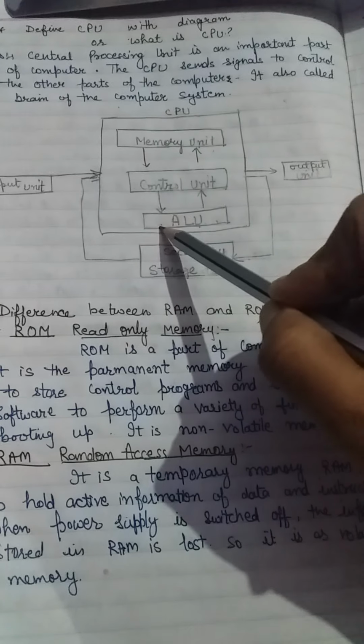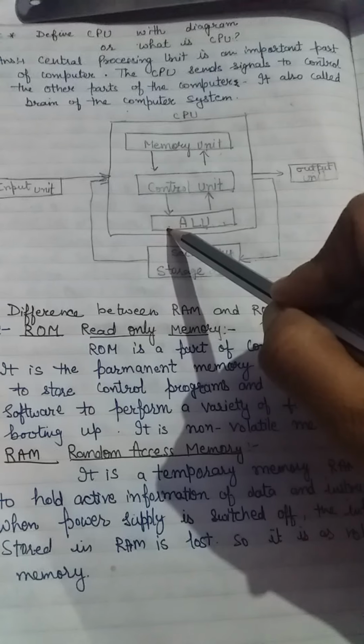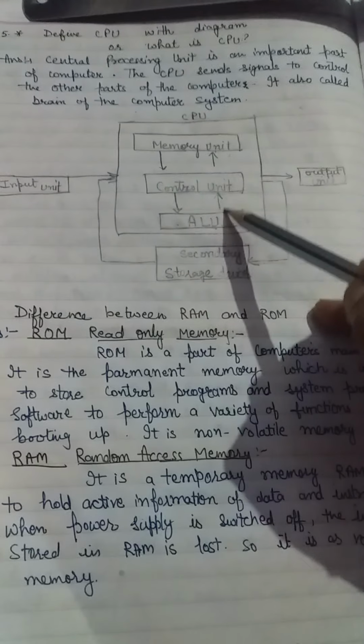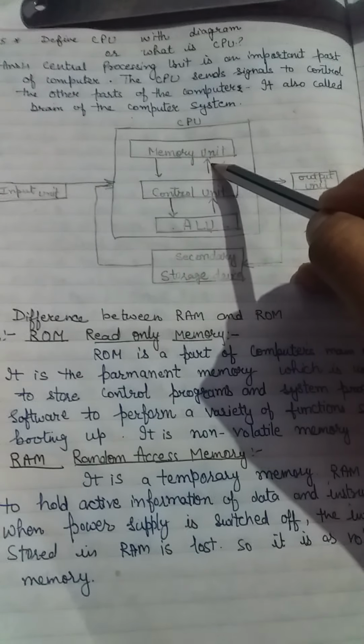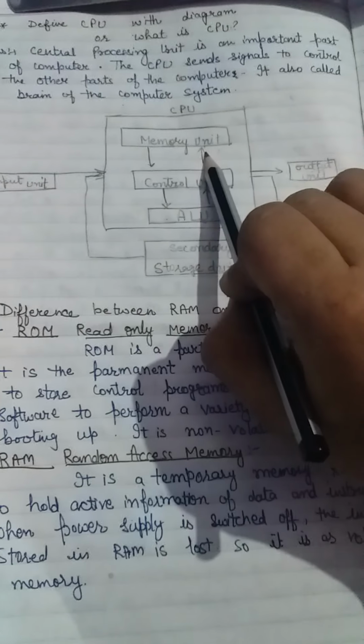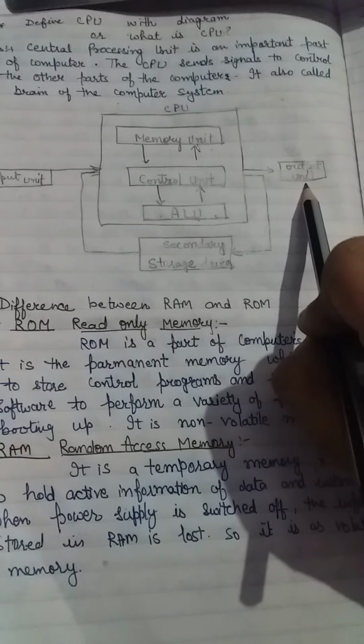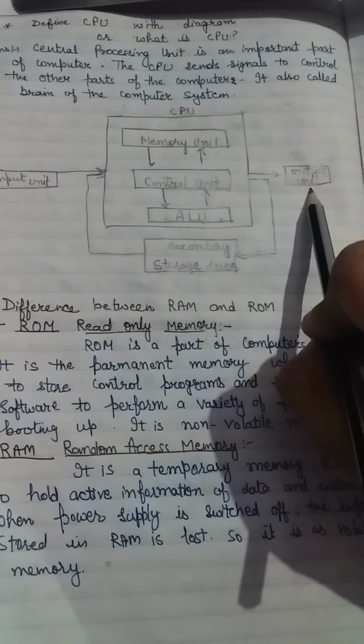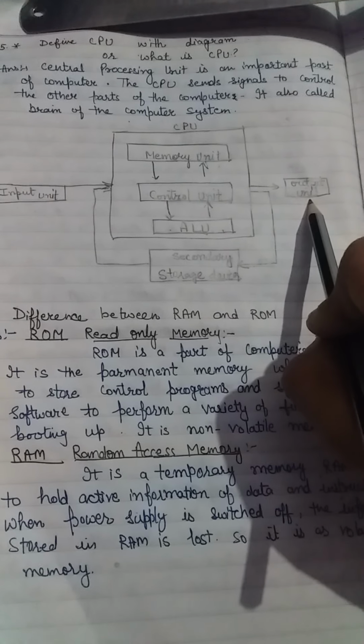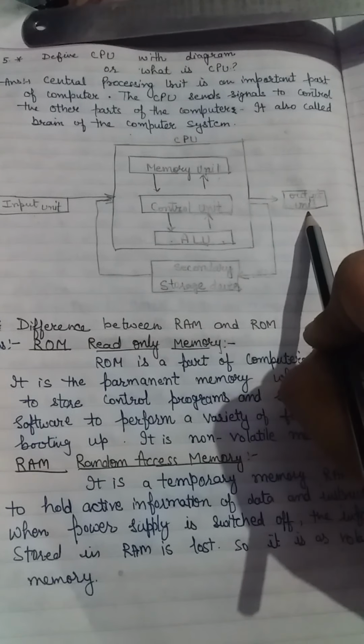Any information to be calculated first goes to the ALU, then passes to the control unit, then to the memory unit, and then comes to the output device. Output device means monitor or a printer.